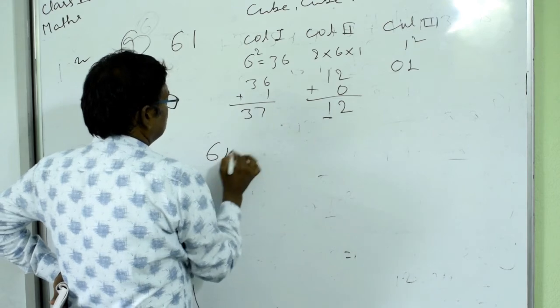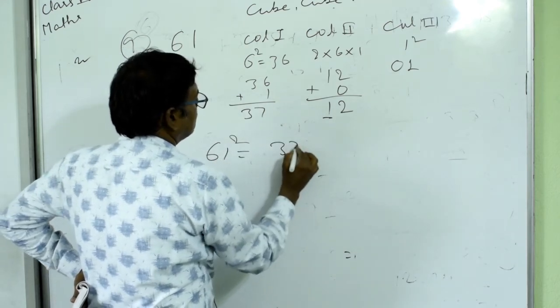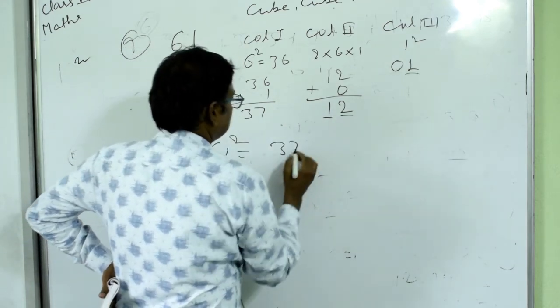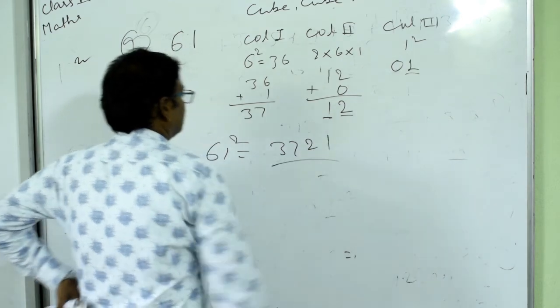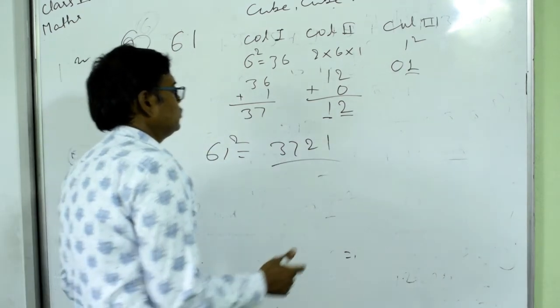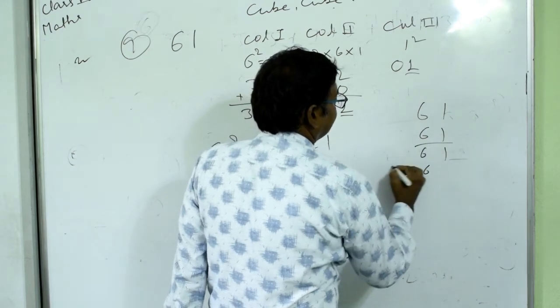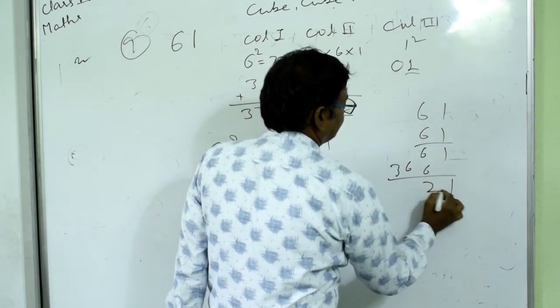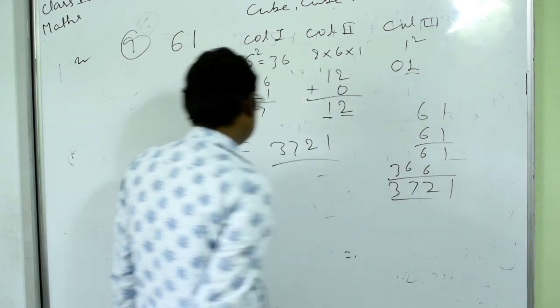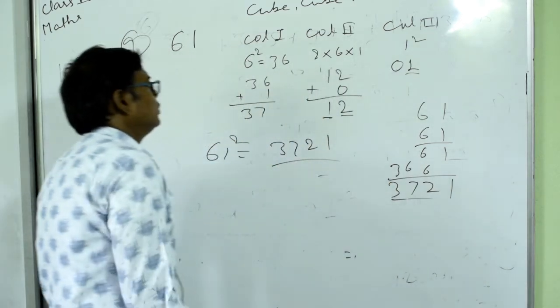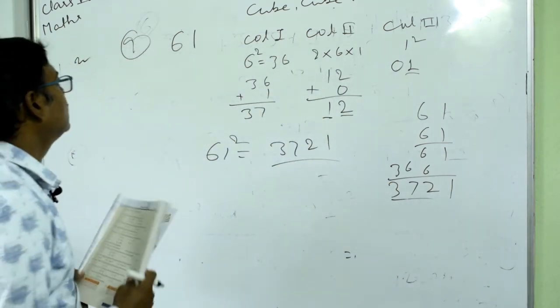So therefore the square of 61 will be equal to 3721. You can also check this by multiplying 61 by 61. See here that both are equal, so in this way you can find very easily the square of a 2-digit number.